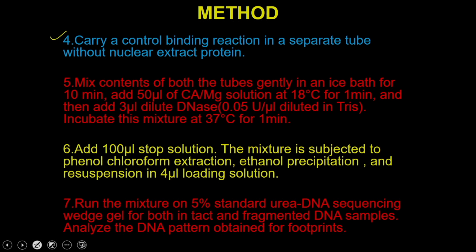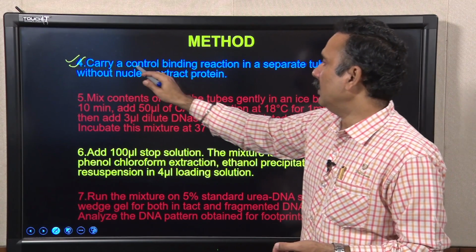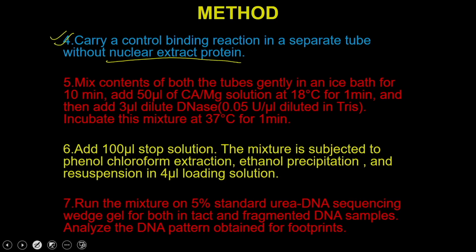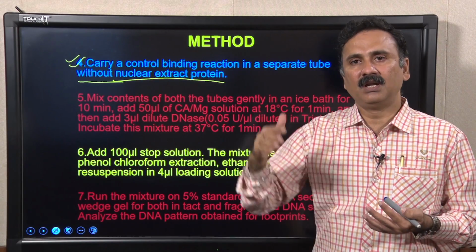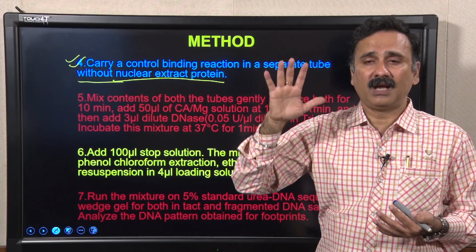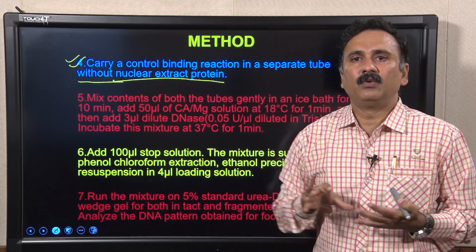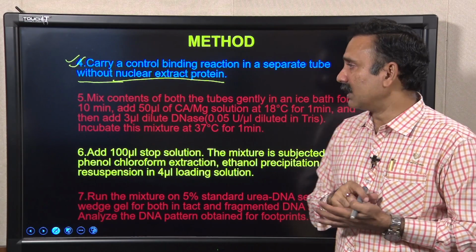Because the control is very important, you can also run a control where you do not add the nuclear extracts. Without a nuclear extract you are going to get all the fragments in that reaction, whereas when you add a nuclear extract and it has some protein which is binding to the DNA, that region is going to be protected from getting cleaved.